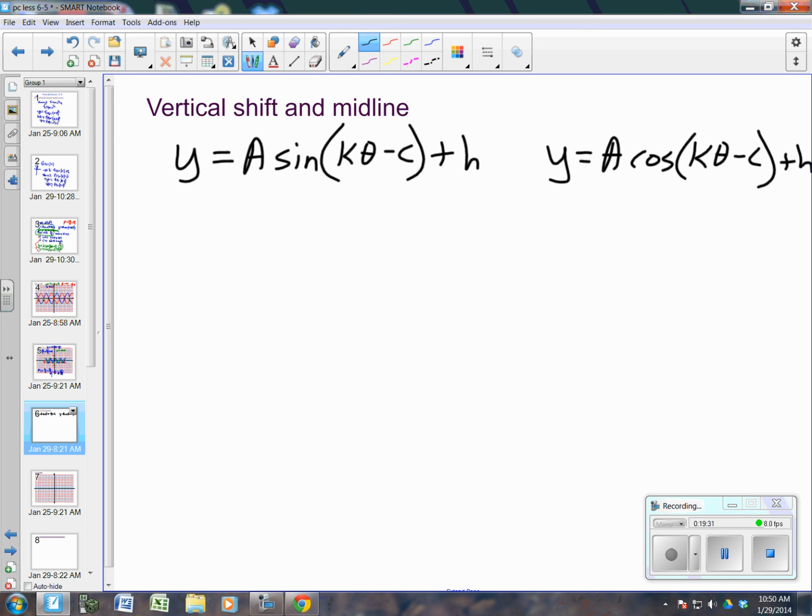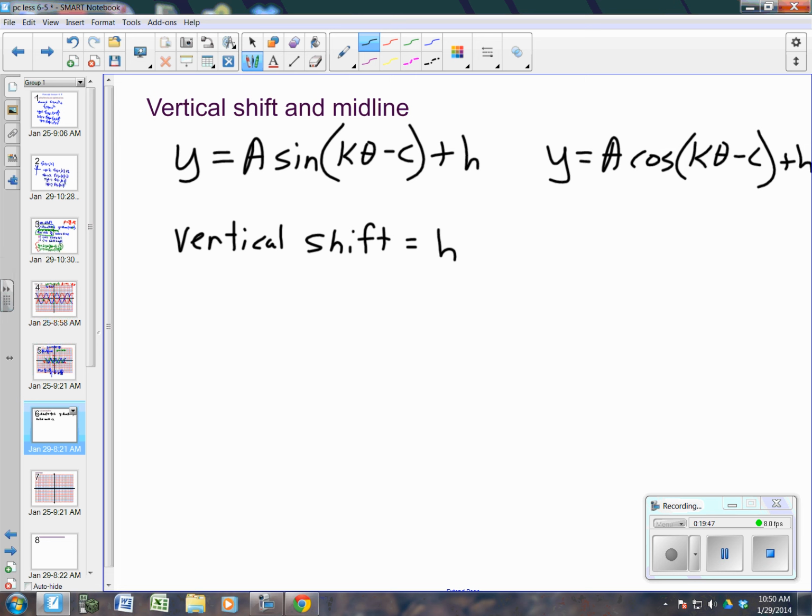The vertical shift is h. So the vertical shift equals h, right, Alex? Yep. Vertical shift is h.